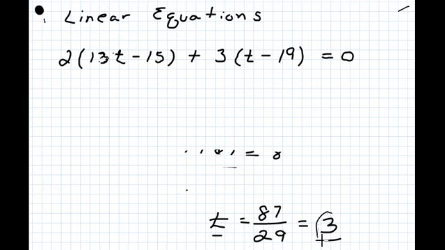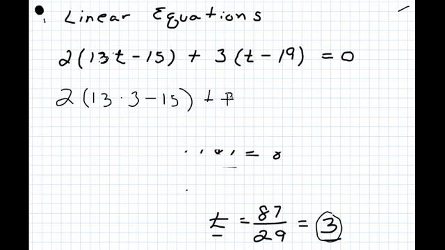So I want to take this 3 and plug it in for t. So 2 times 13 times 3 minus 15 plus 3 times 3 minus 19. And this is so we can check our work and make sure we did everything correct.